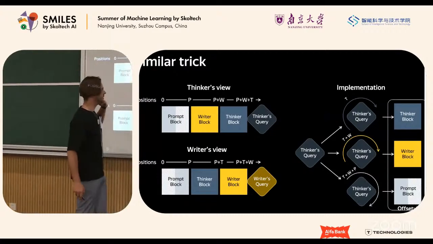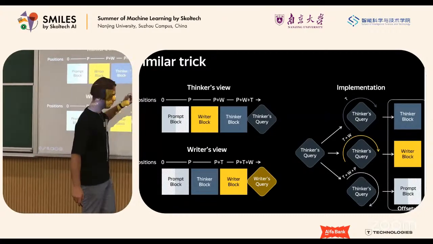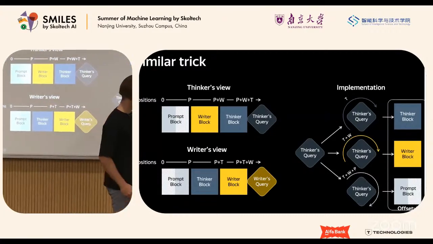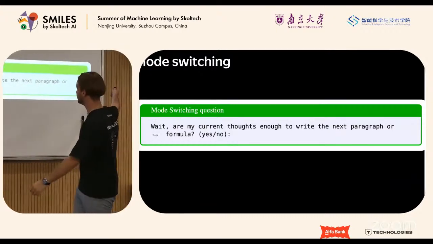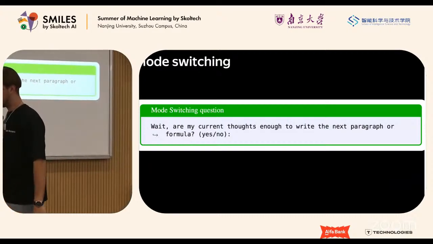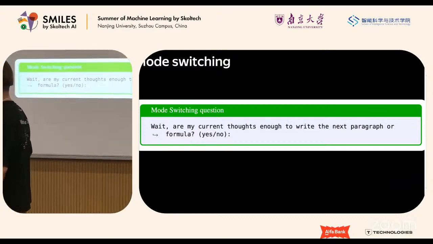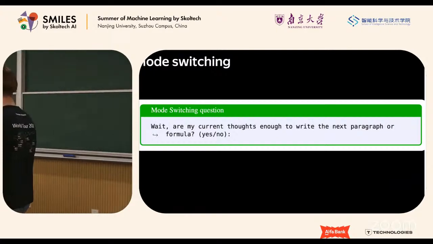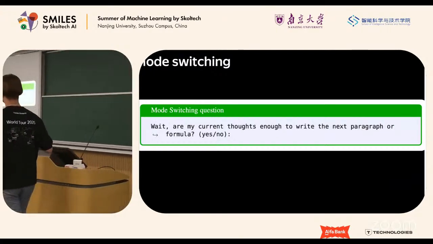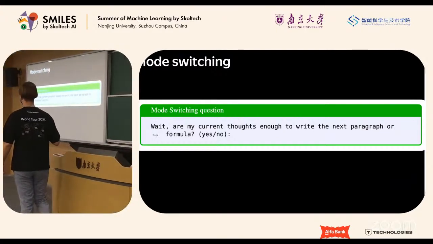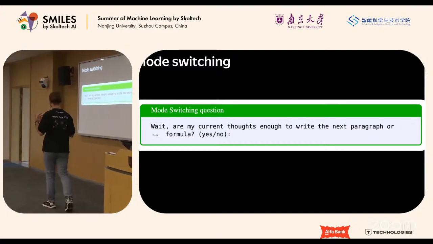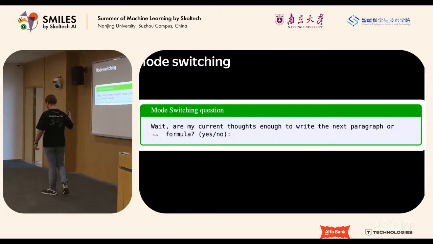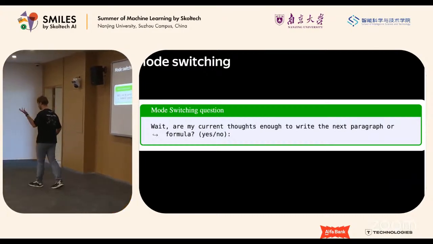So we can add another, fourth cache block with this question: Wait, are my current thoughts enough to write the next paragraph? We can ask the model on any forward pass in the batch, the third instance or second instance of the batch, if you are running the thinker and writer in parallel.